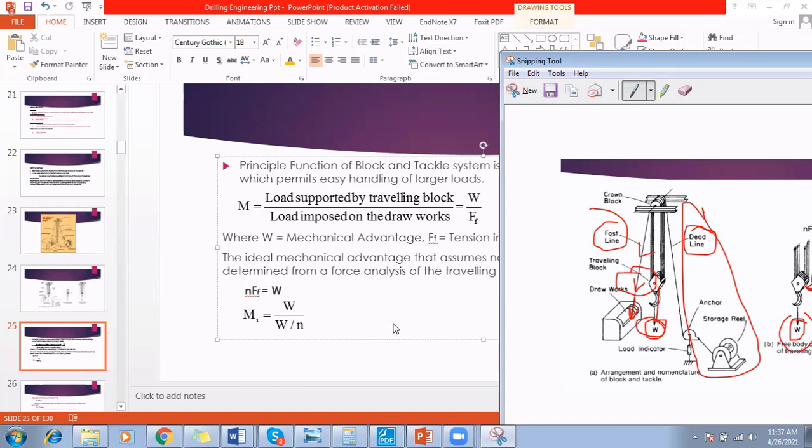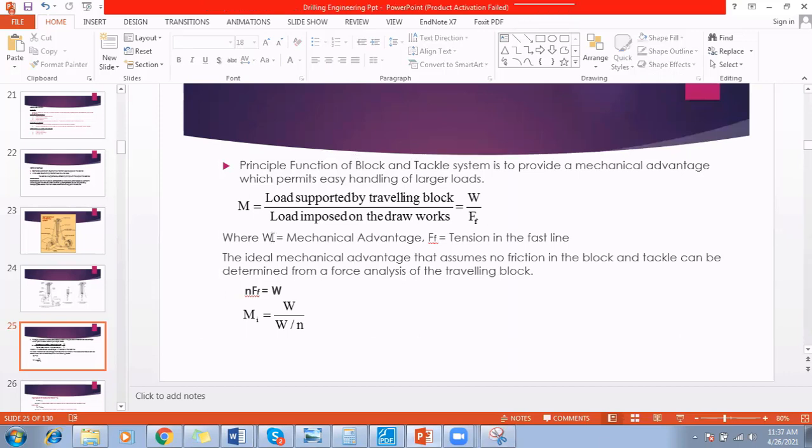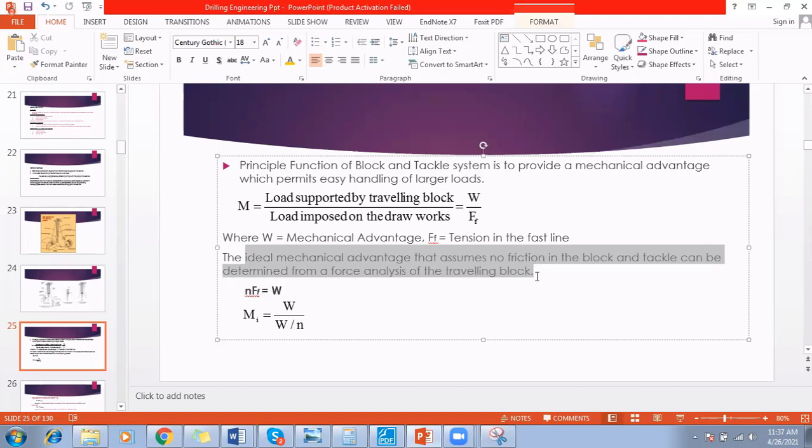Okay, now coming towards the ideal mechanical advantage. So what is actually the ideal mechanical advantage? Ideal mechanical advantage is such advantage in which there is no friction. If there will be no friction in block and tackle, then such a situation can be called ideal mechanical advantage.